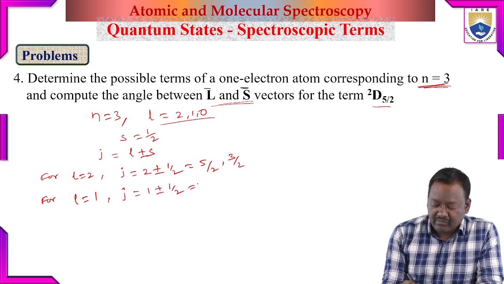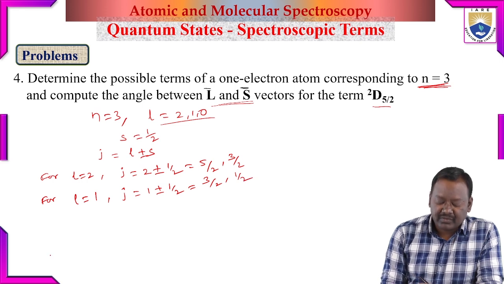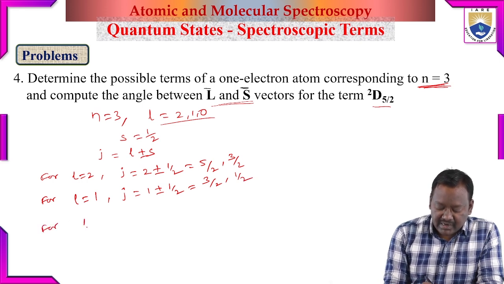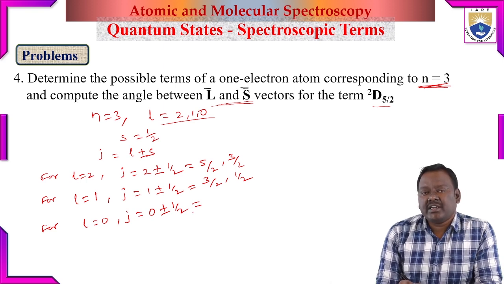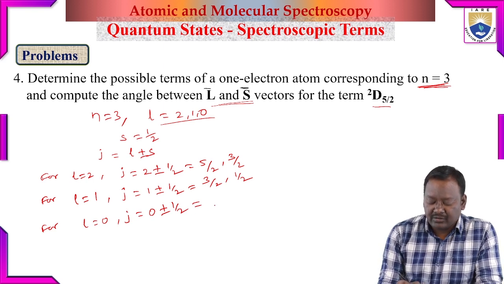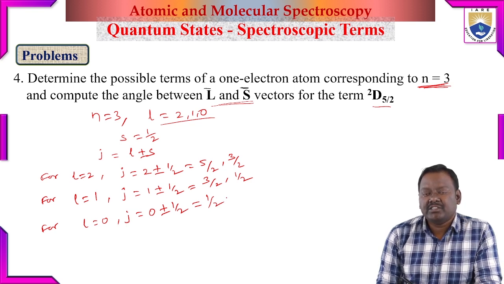That means 1 plus 1 by 2 means 3 by 2, or 1 minus 1 by 2 means 1 by 2. And for L equal to 0, that J value can have 0 plus or minus 1 by 2. Here in general, J cannot have a negative value, so we can have only one value, 1 by 2. The J value is equal to 1 by 2.